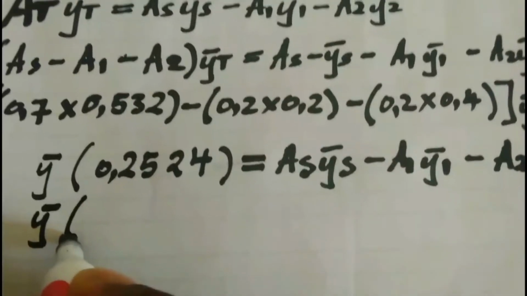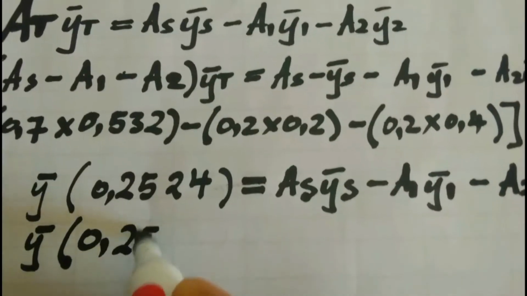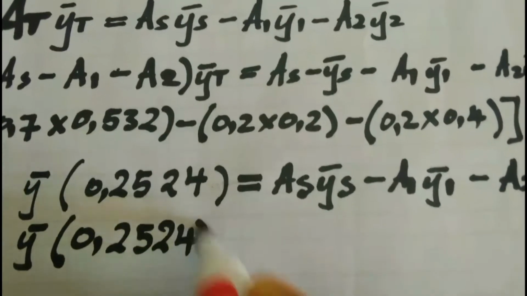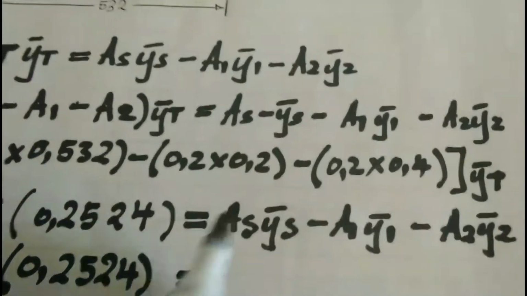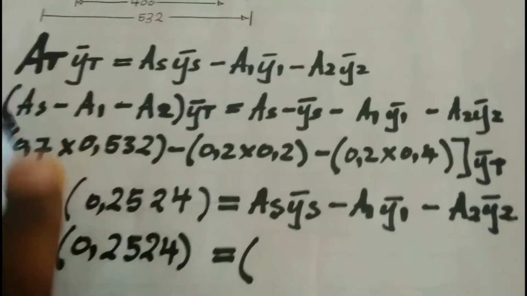Y bar, now we've got the figure for this one, 0.2524, and equate it to the area of the solid part. We calculated it here, right?